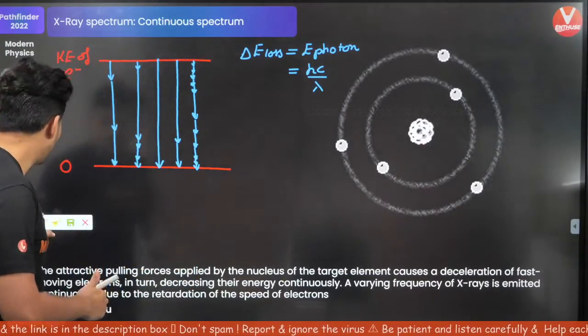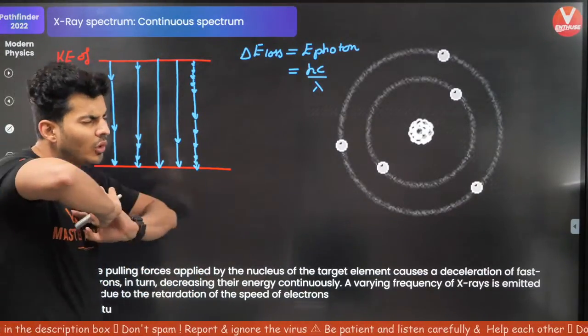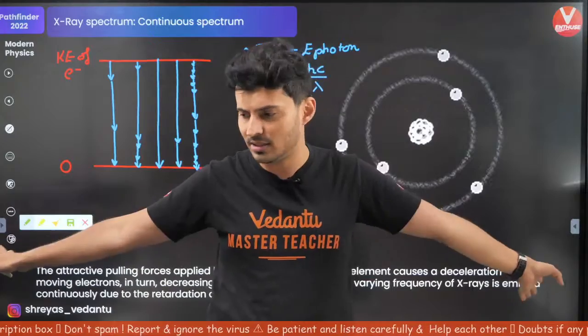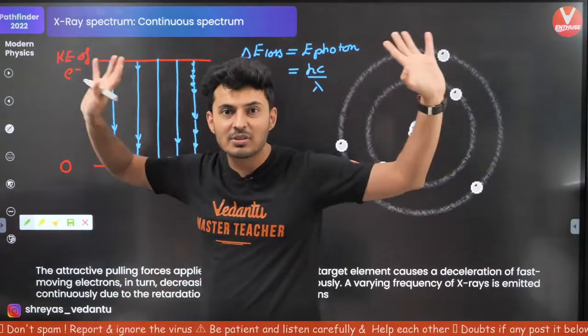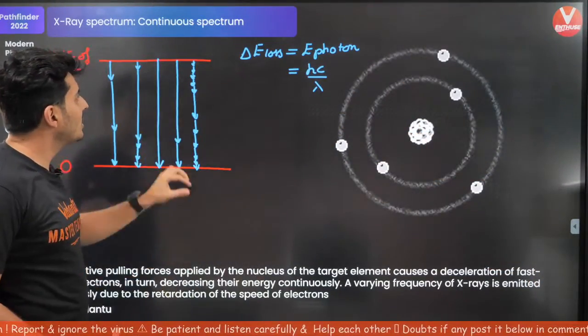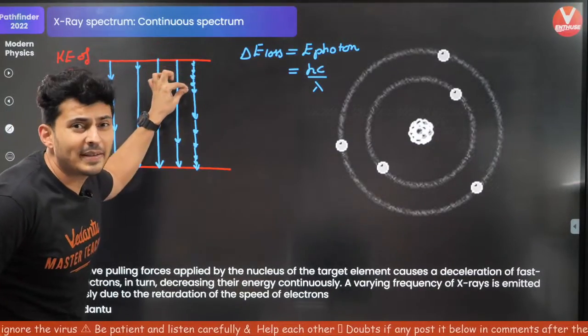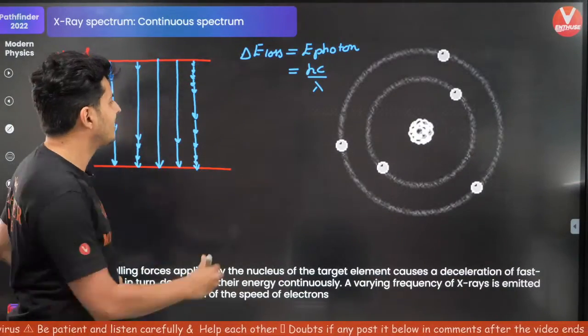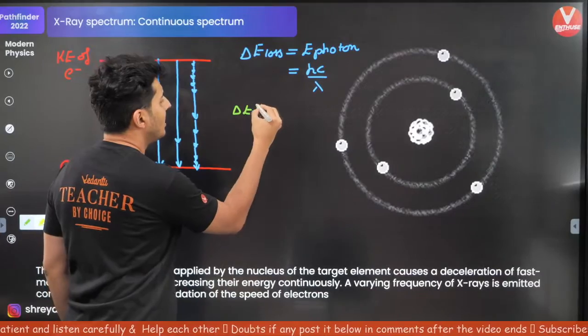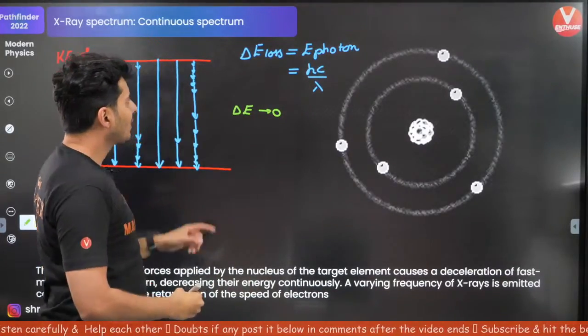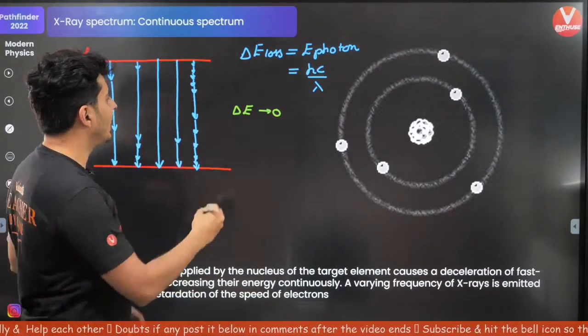Alright. Now, think about the most extreme situations. One extreme situation is when small energy is lost. That means delta E tends to 0, like the ones over here.